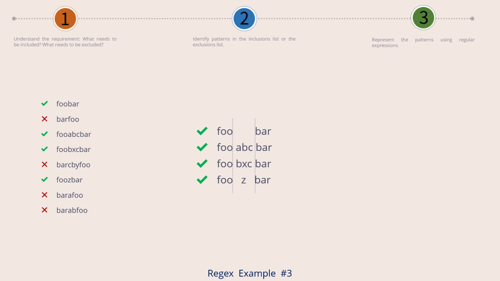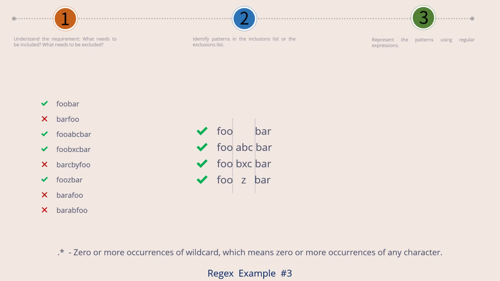To represent this pattern, we will use a combination of the 2 regex symbols we have seen in the previous examples, a period and a star. So in regex language, a dot star represents 0 or more occurrences of a wildcard, that is, 0 or more occurrences of any letter.